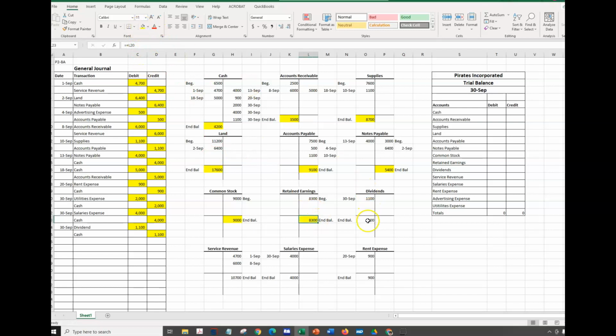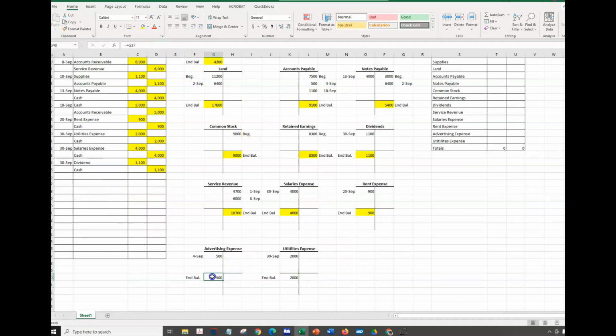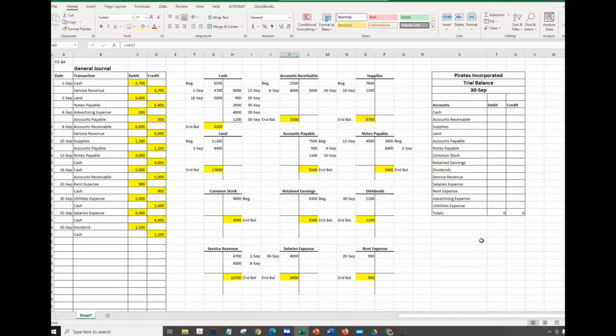So highlighting all my ending balances. Not really necessary, but I like to be consistent. So now we analyzed and journalized, we posted, we need to create our trial balance.